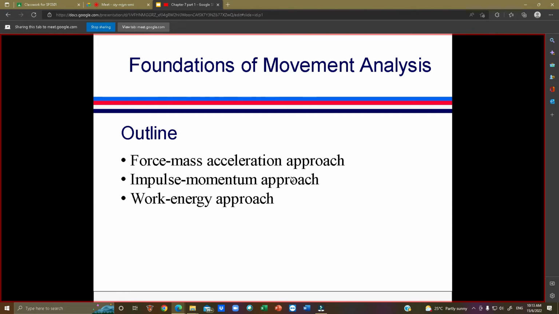This one is still based on Newton's second law. And finally, we have the work-energy approach, meaning we now explain things in terms of work and energy. Berapa banyak tenaga digunakan, berapa banyak kerja yang terhasil, berapa banyak power for each particular athlete and whatsoever.